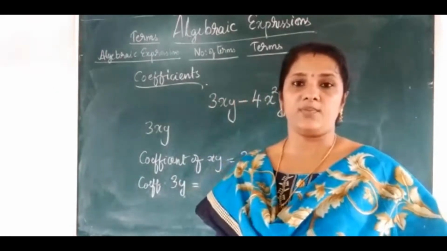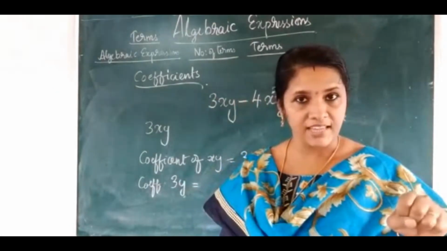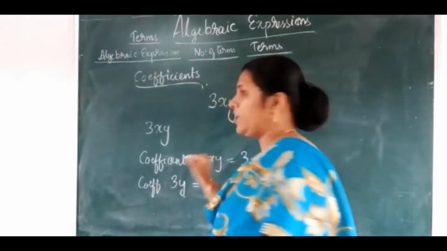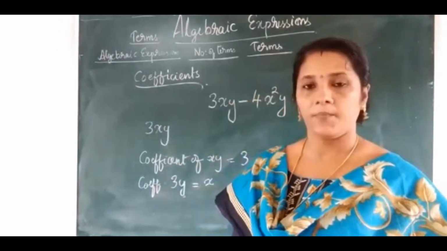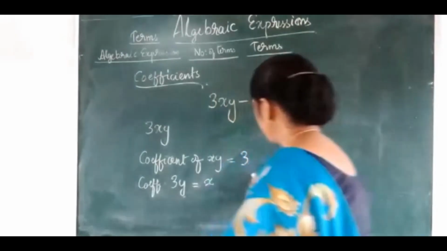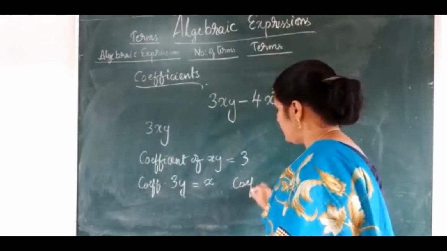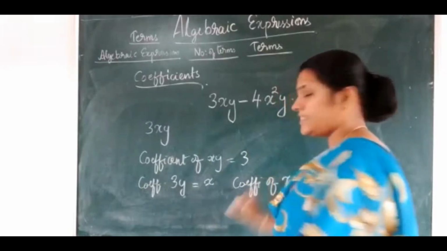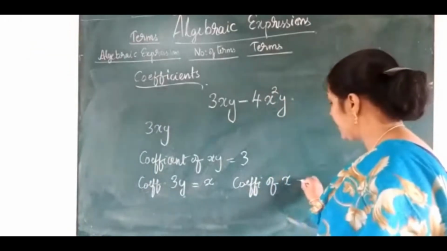In that term 3xy, when we avoid that 3y, the left is x. So the coefficient of 3y is x. Then what is the coefficient of x? It is 3y.